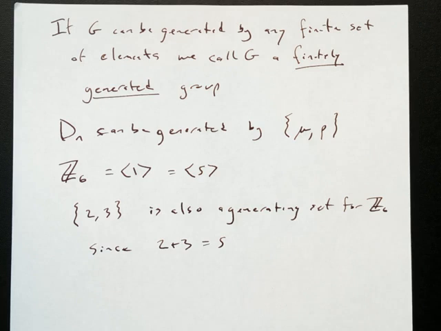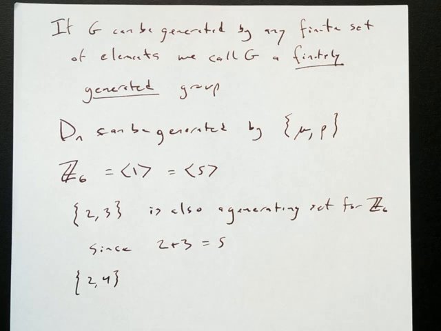So I can generate all of Z6 from these two, which means it's cyclic, but it's also generated by other things. However, what if I use 2 and 4? Leave 2 for 0.